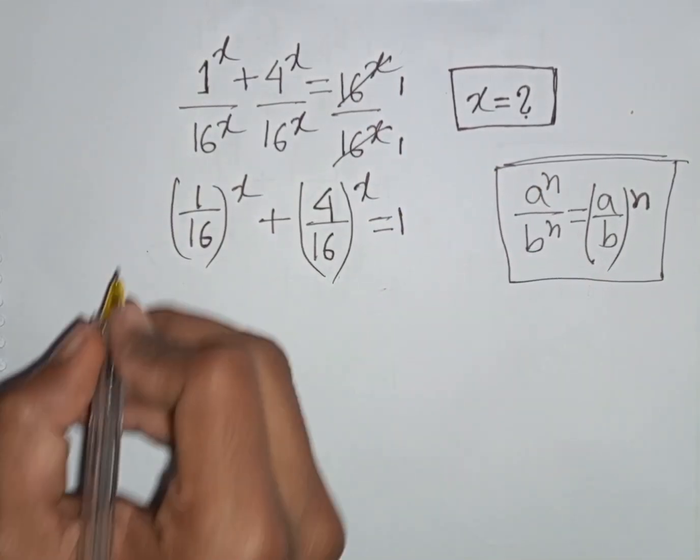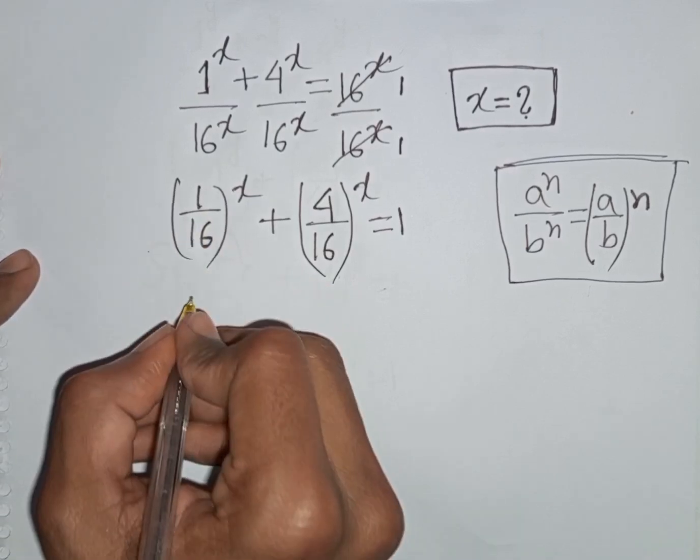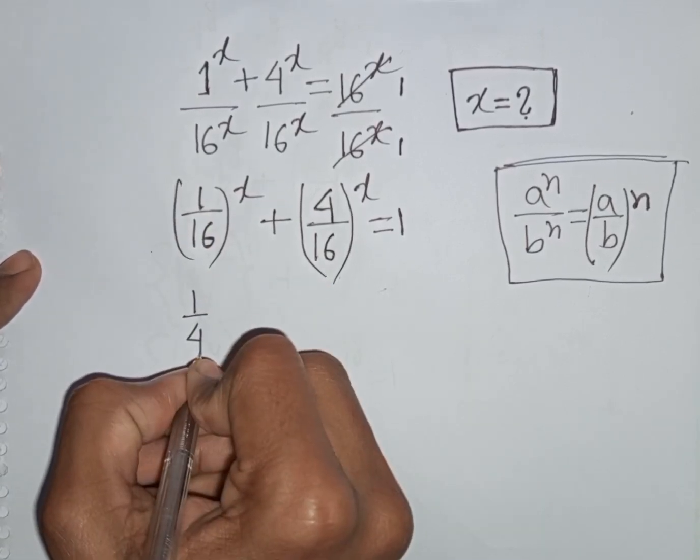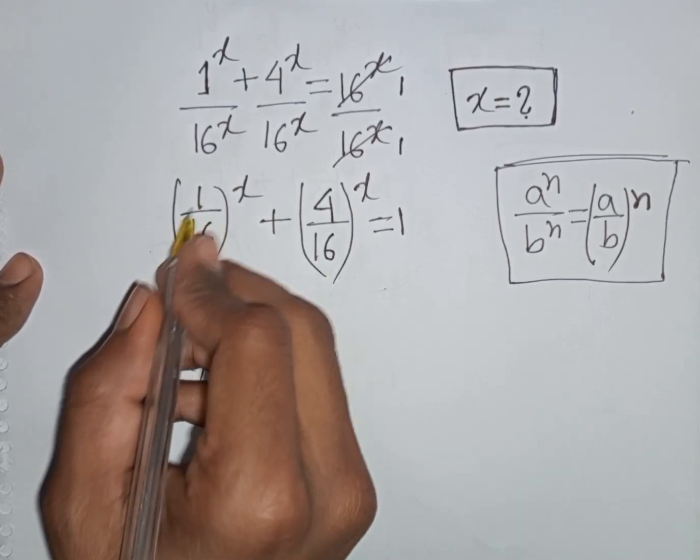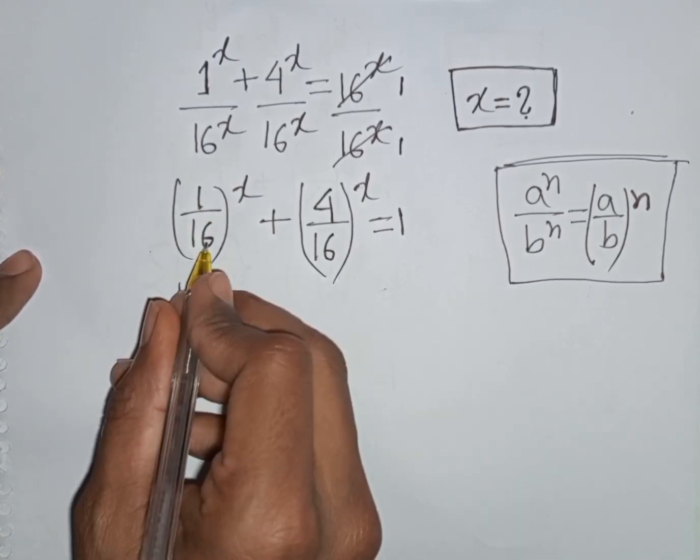Now 1 by 16 can be written as (1/4)^2, since 1 squared is 1 and 4 squared is 16.